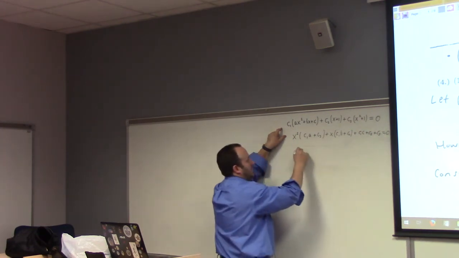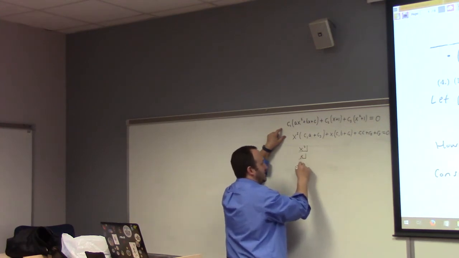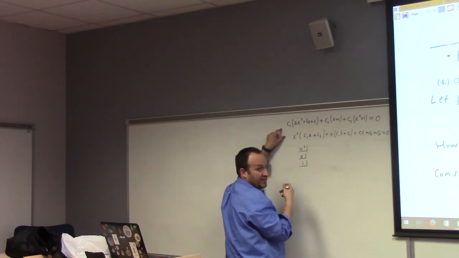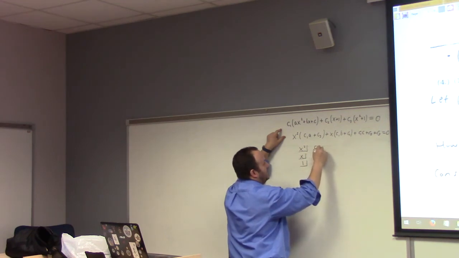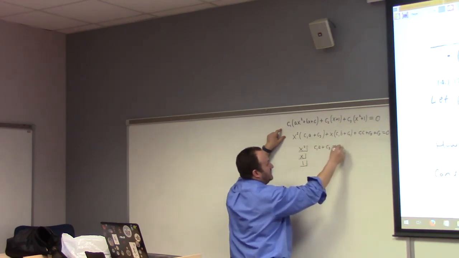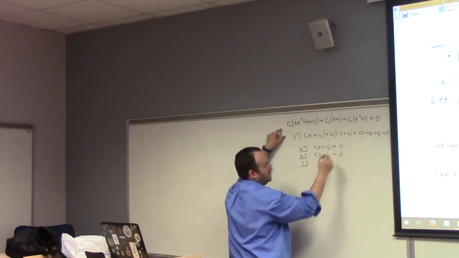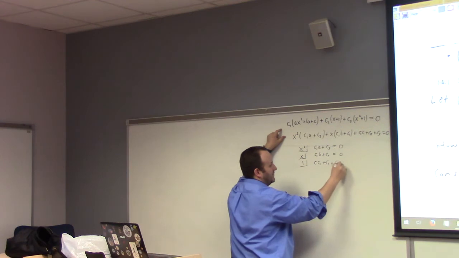So using linear independence of the monomial basis, which we know, the coefficients of x squared, x and the constant term have to separately vanish. For example, c1a plus c3 equals 0, and c1b plus c2 has to be equal to 0, and also c1 plus c2 plus c3 has to be equal to 0.